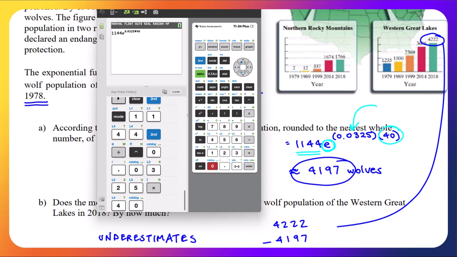All of that's up there in the exponent position. Press enter, and you would think you would round this to 4198, but we're talking about actual things here like wolves, and so the next wolf isn't quite there yet. And so in this kind of situation, we always round down because the next wolf is not quite ready yet.